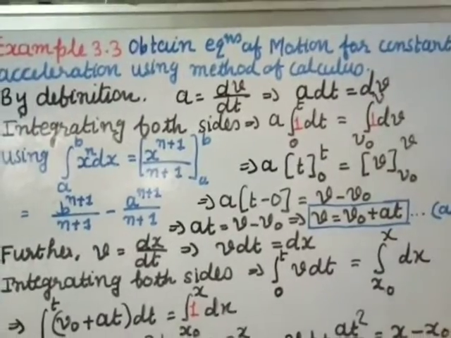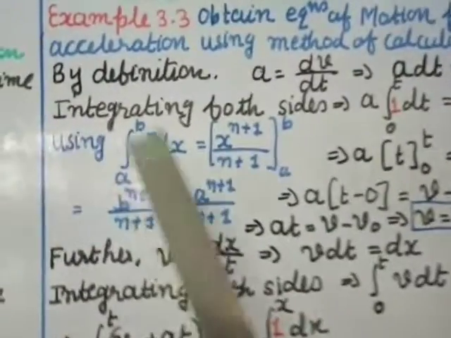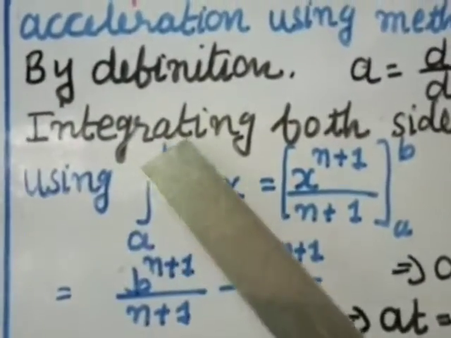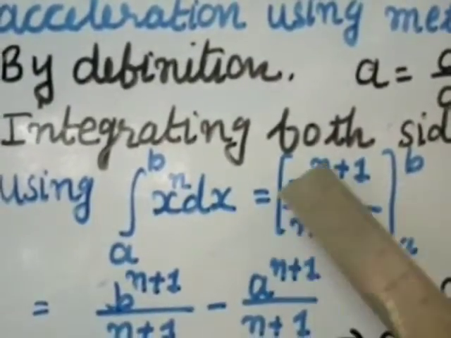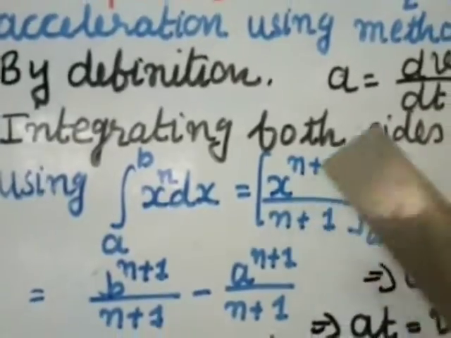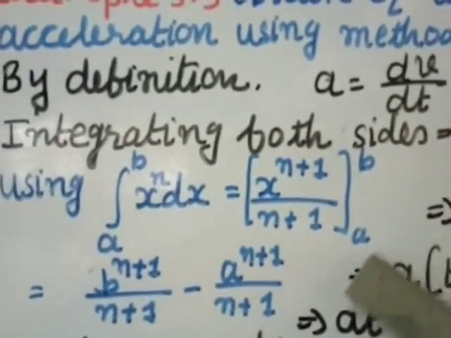Now to solve this I have to use the formula: integral from a to b of x power n dx is equal to x power n plus 1 divided by n plus 1, with limits from a to b.